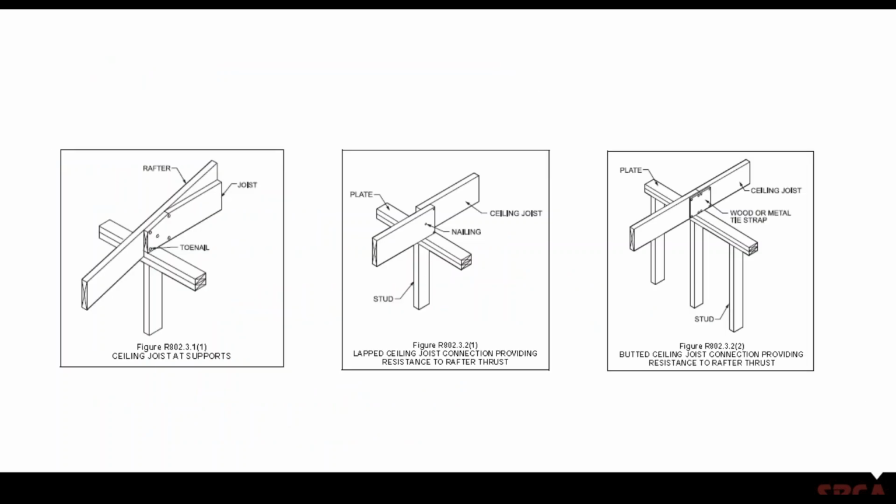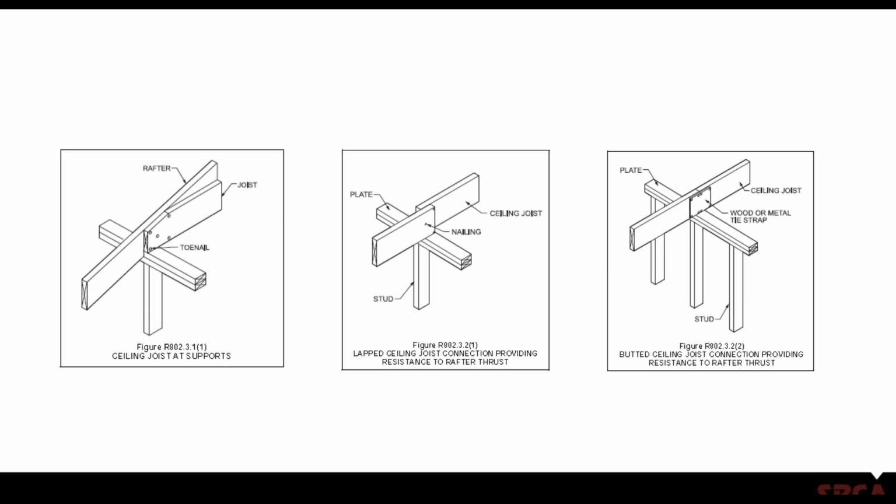And some additional information that's also included in R802.3, again, gets into some specifics in terms of toenailing the ceiling joist and the rafter to the top plate, and then also the connection of that ceiling joist to the rafter.